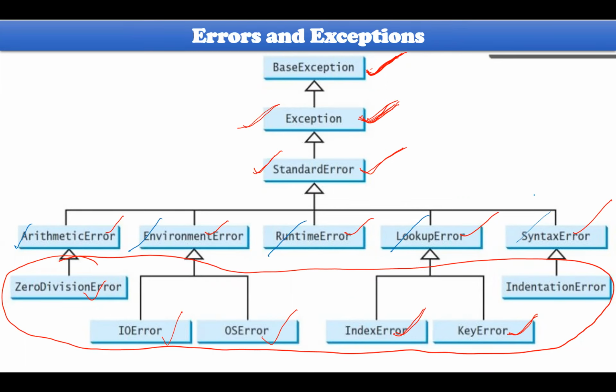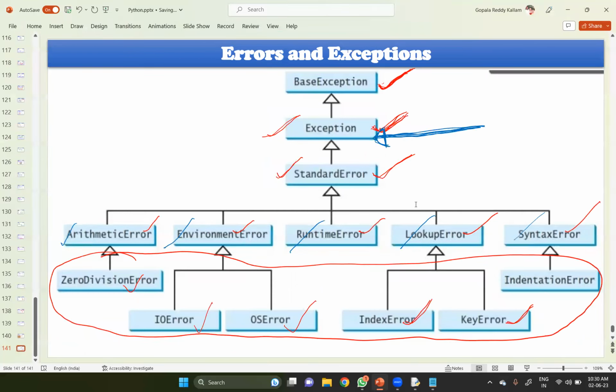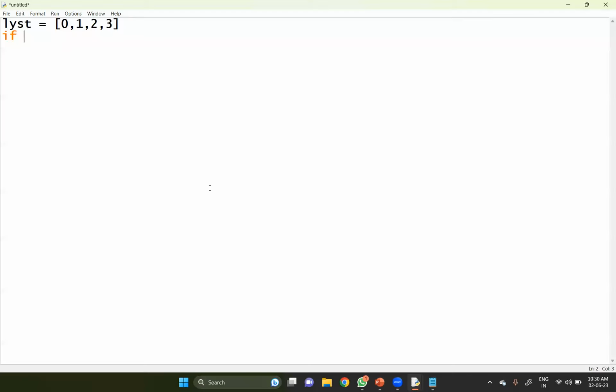Now, as far as my user-defined exception is concerned, I would like to inherit this particular Exception. I inherit this Exception so that I can produce some message to the user, saying you are not doing so and so. As far as our problem is concerned, you are expected to have only 3 elements within the list, not more than 3.